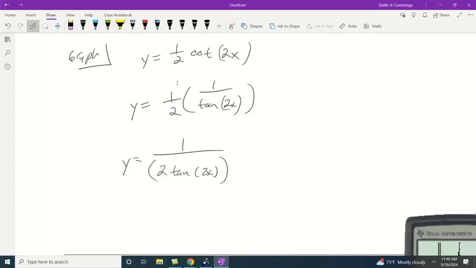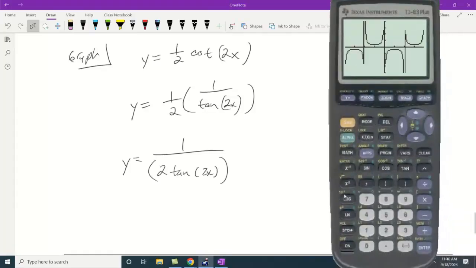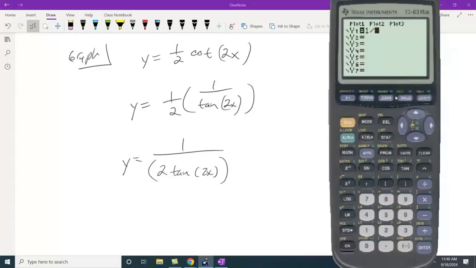So now this is a cotangent graph, so when we graph it and read it from left to right, it should go down. Okay, that's how we know we had a right graph. All right, so I'm going to go back into y equals. I'm going to clear that out. I'm going to put in 1 divided by.